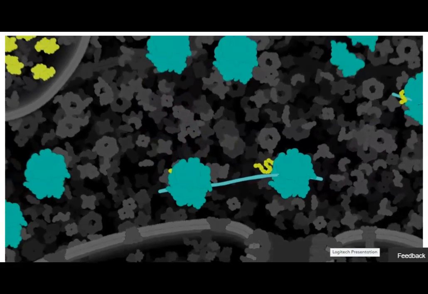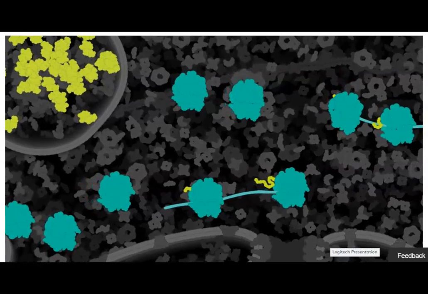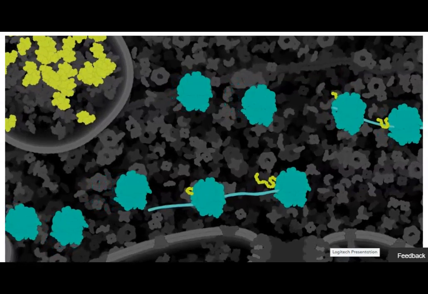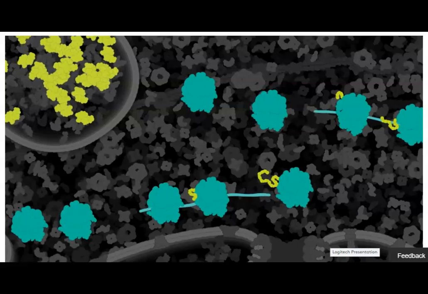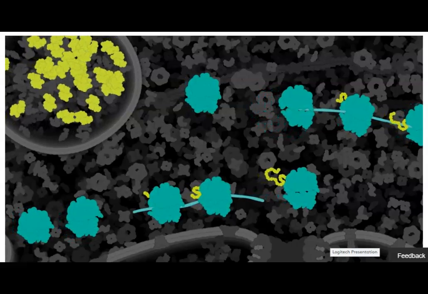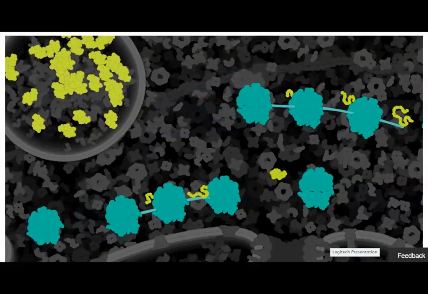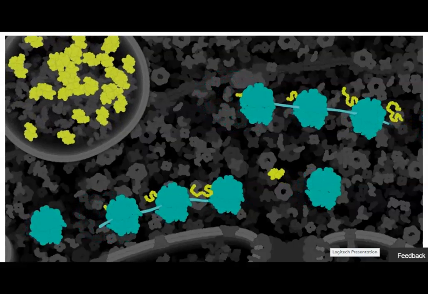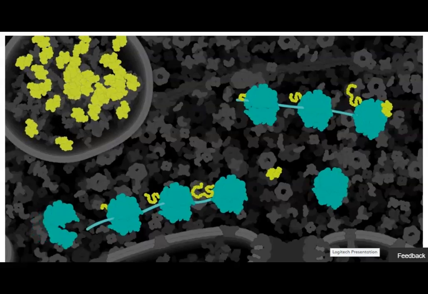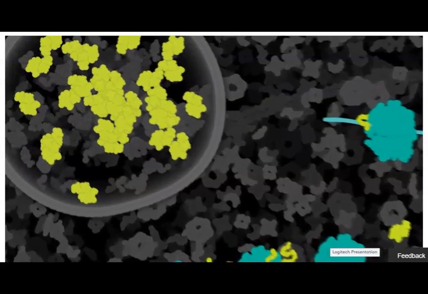Multiple ribosomes can read each mRNA copy to build many luciferase proteins at a time. When the ribosomes finish reading the mRNA, the proteins are released, and they fold into their final shape. The ribosomes can read the mRNA again to make even more luciferase.